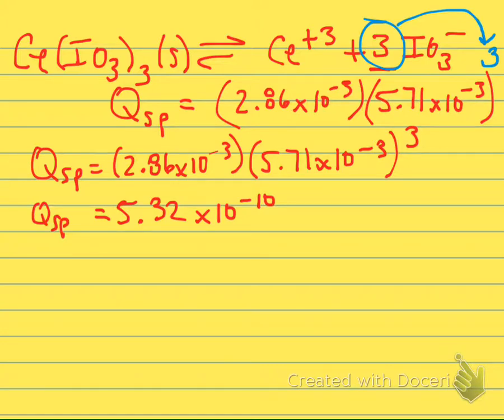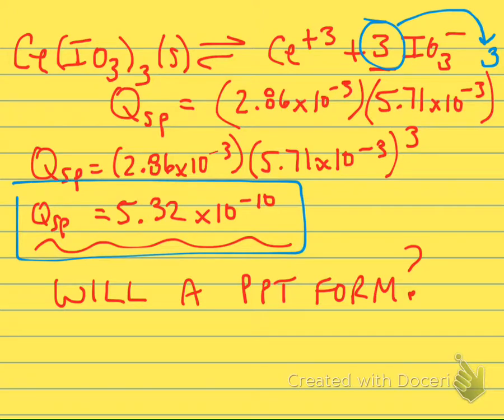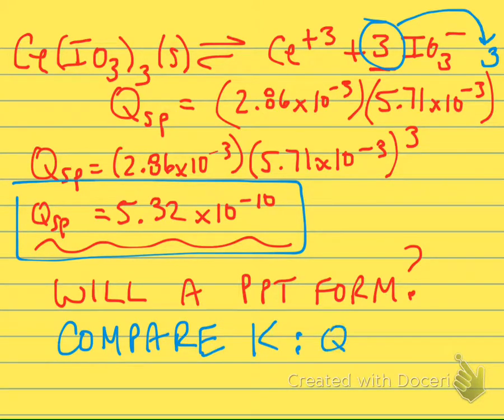Okay, wow. I got a value. But that still doesn't answer, will a precipitate form? So now that we've finally got our Q, we need to do the one last step, which is compare K to Q. And so we'll do that on the last slide.